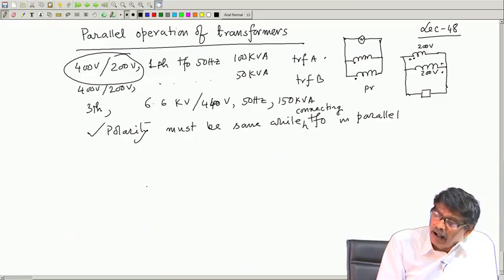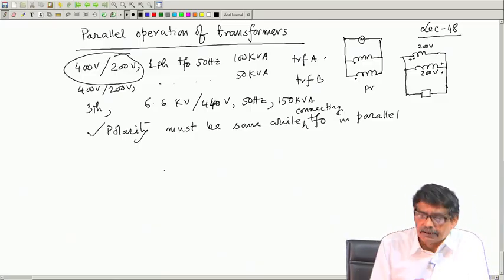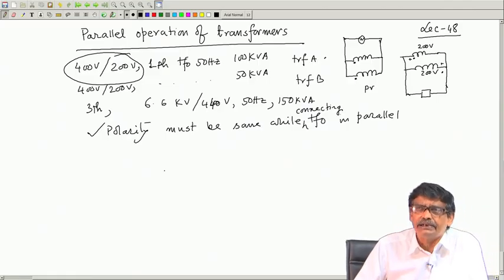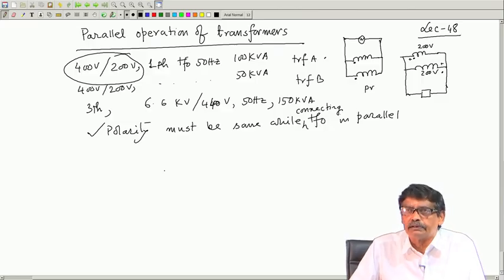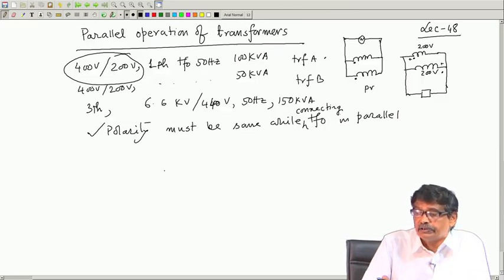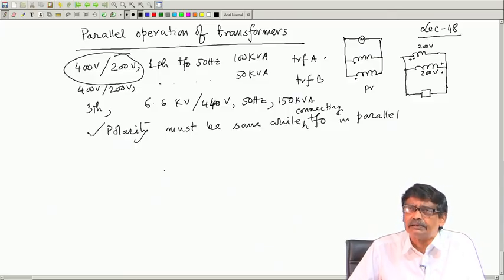Now, I will always neglect the no load current in this analysis, because no load current is only 5% of the full load current of the given transformers. Compared to the load current it is nothing. Therefore, to get a quick and good estimate of the current distributions in the transformers when they are operating in parallel, you better not take no load current into account.